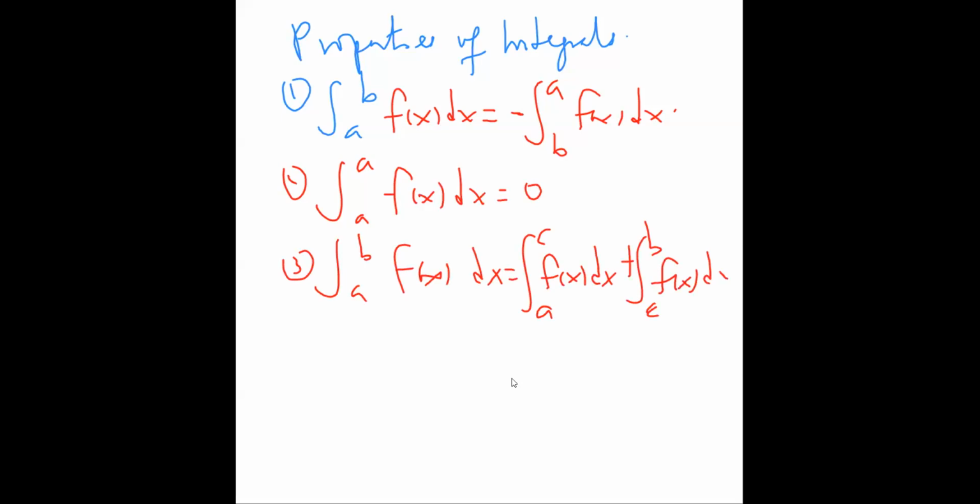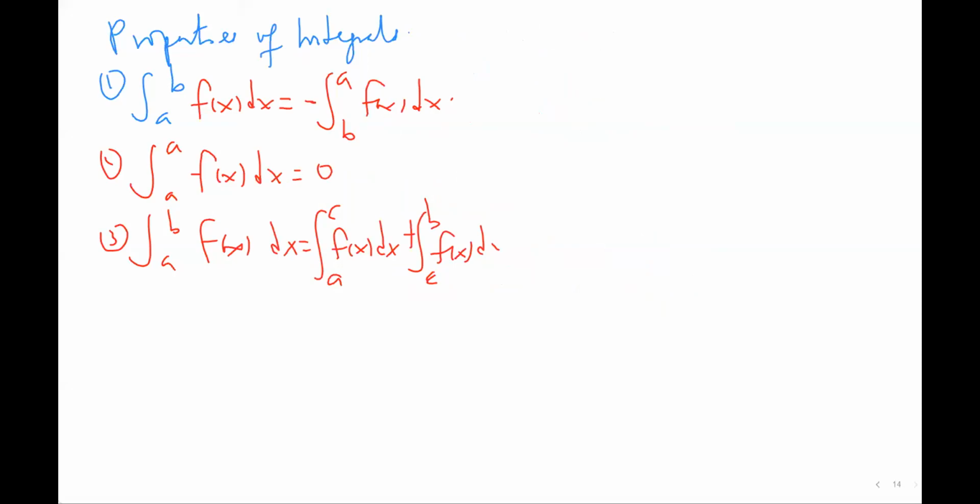And some of the other properties, we already discussed them, as in the linearity: the integral of the sum is the sum of the individual integrals, and the integral of a constant as well. So with that, we'll end the part on integration, and we'll continue next with parameterization and parametric equations.